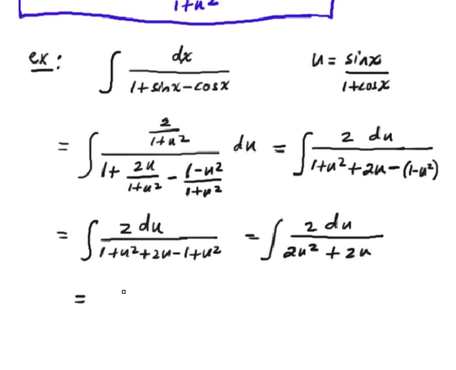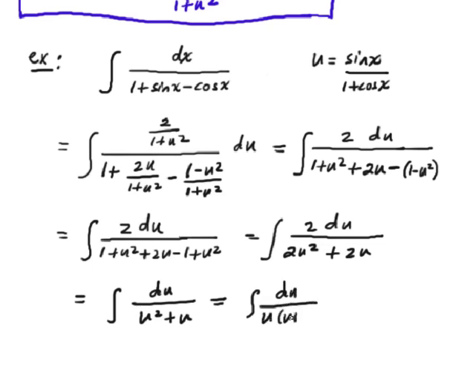Let's divide top and bottom by 2. So we have u squared plus u. All right, now let's factor the denominator. And we see this integral is done by the method of partial fractions.